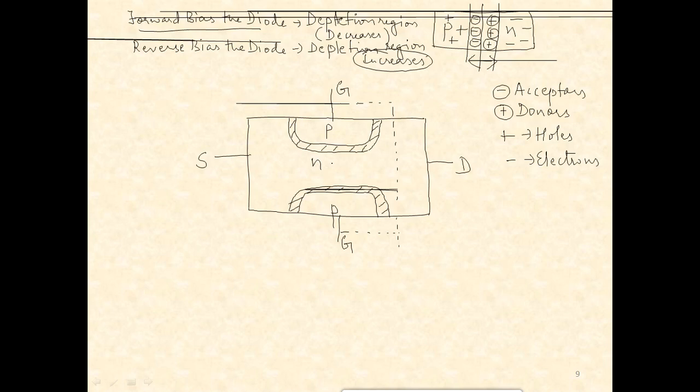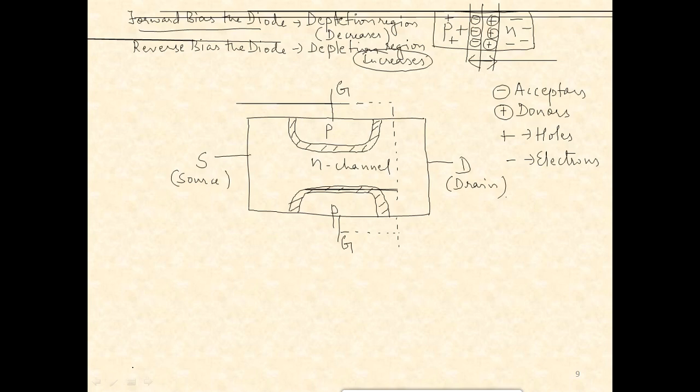See, this region appears as if it is a channel between source and drain. So S stands for source and D stands for drain. Fine, that's the construction of a junction field effect transistor wherein the channel is of N type.